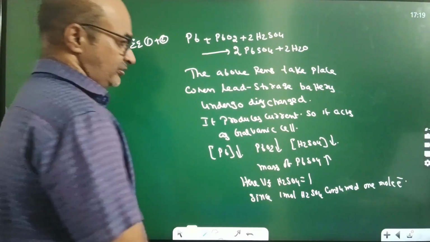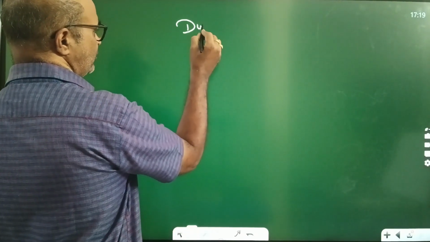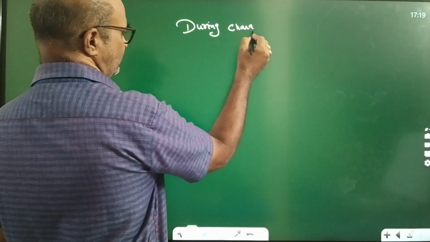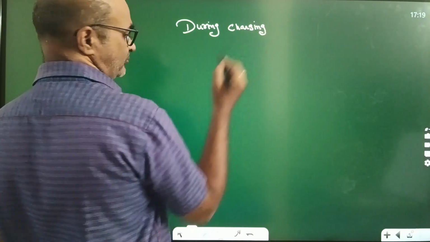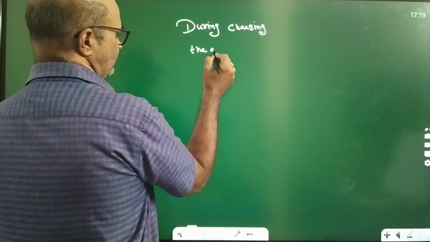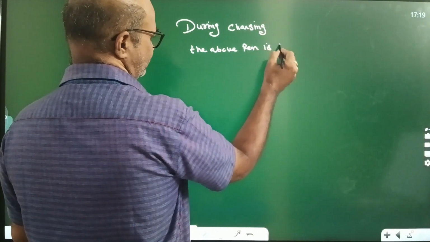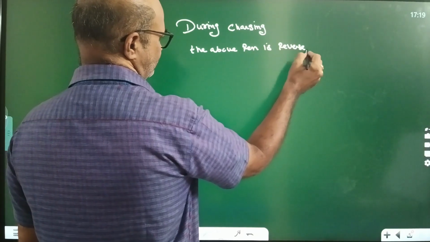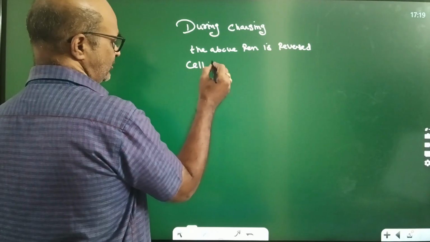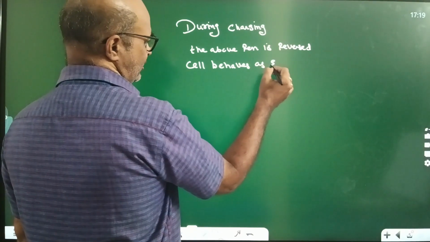So during charging, the above reaction is reversed. Okay, the cell behaves as an electrolytic cell.